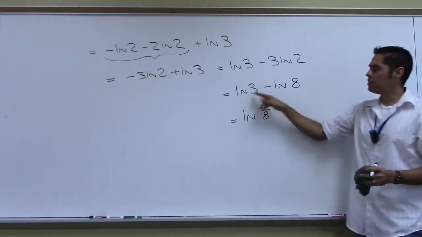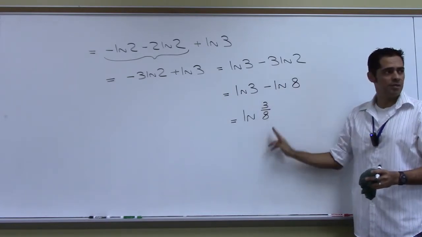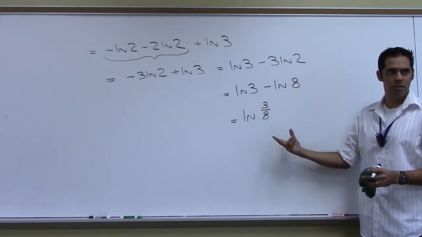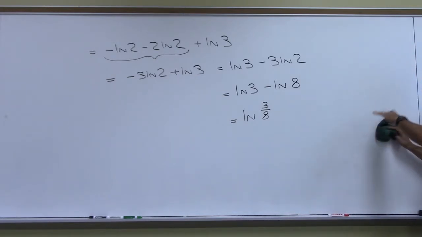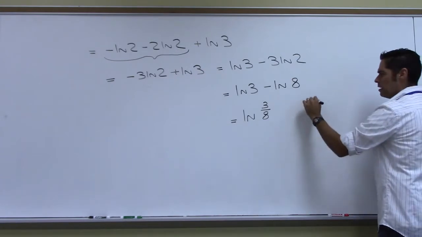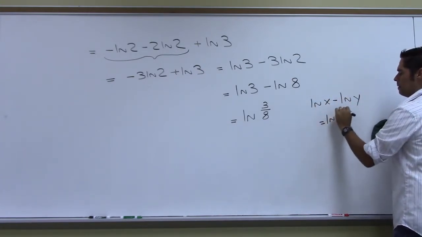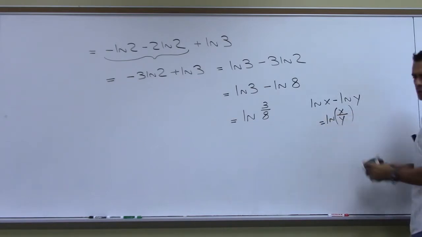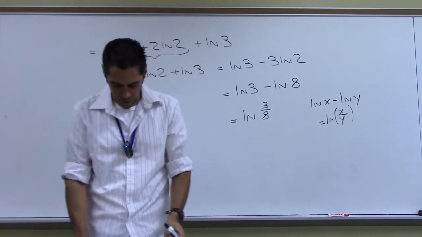If you have 2 logs being subtracted, you can turn it into a single log with division. So you might want to go review properties of logs. I'm using this property right here. My guess is that's probably on your sheet somewhere too. Let me see if they give you properties of logs.